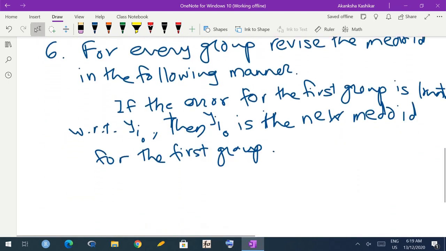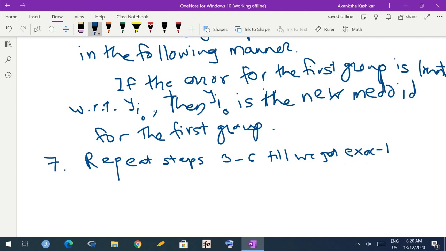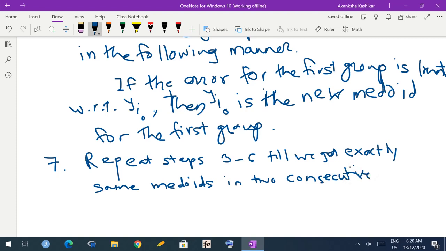So you have to repeat steps 3 to 6 till you get exactly the same medoids in 2 consecutive steps.